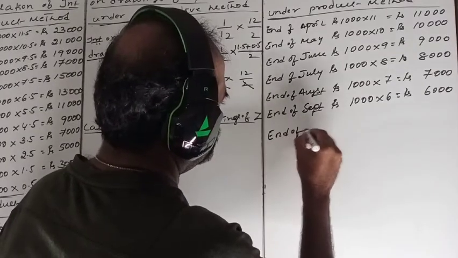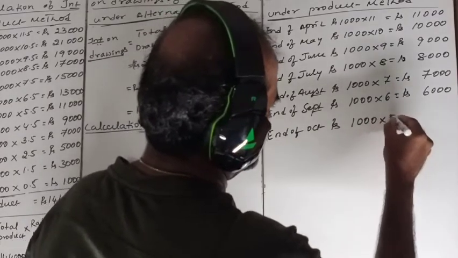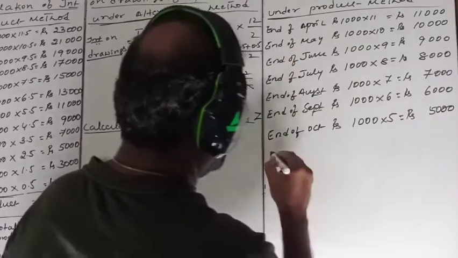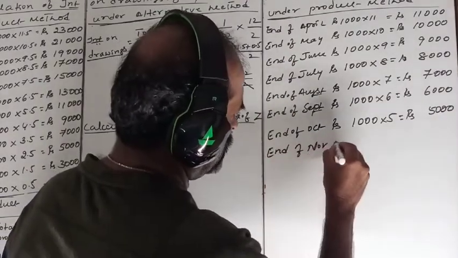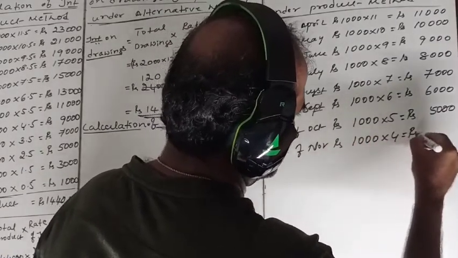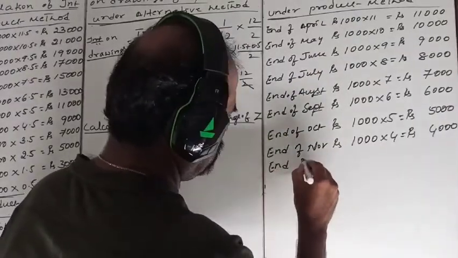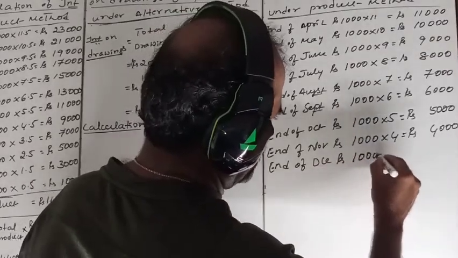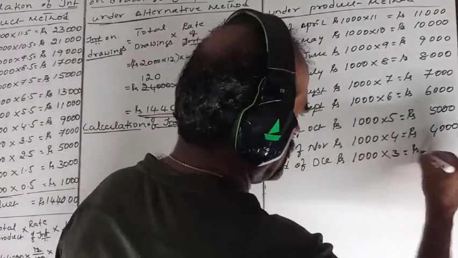Then end of October rupees 1000 for 5 months, 5,000. The next withdrawn on end of November rupees 1000 for 4 months, rupees 4,000. Then end of December rupees 1000 up to 31st March, 3 months, rupees 3000.